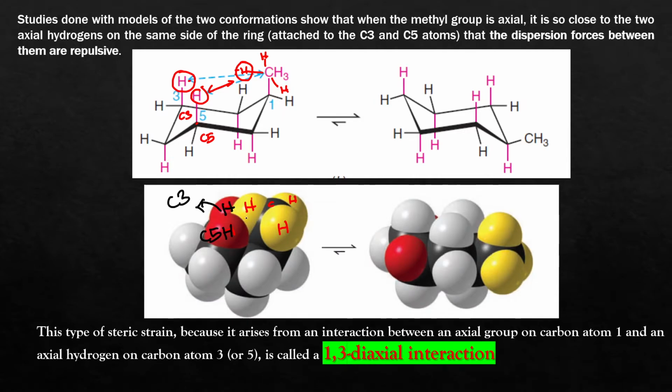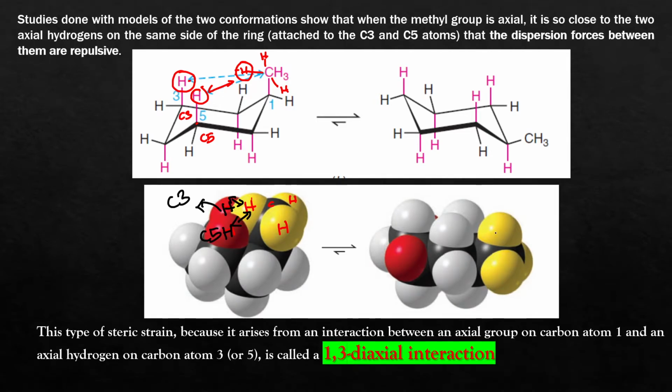From the space filling model you can get an idea of how close these 2 hydrogens are. There is a huge interaction between these 2 hydrogens and these 2 hydrogens. This interaction is basically a repulsive interaction, so the energy of the molecule increases.